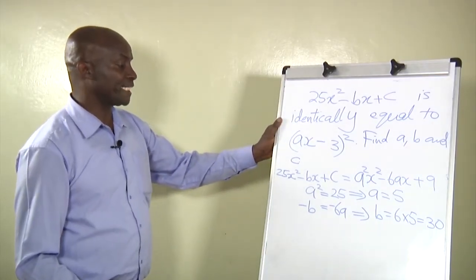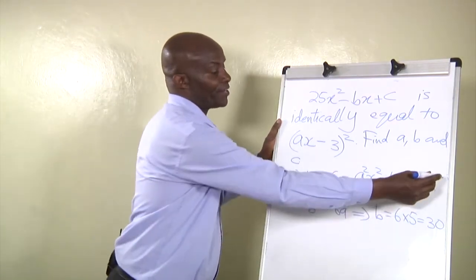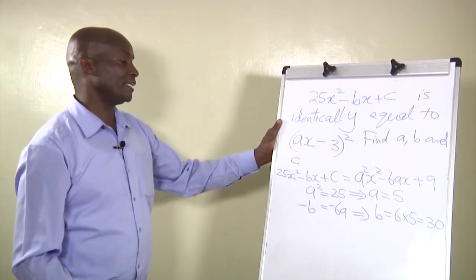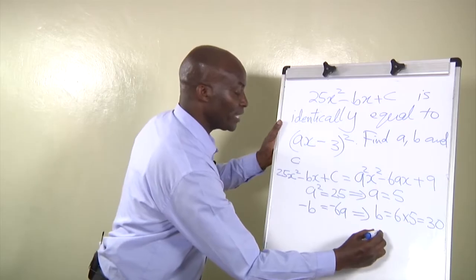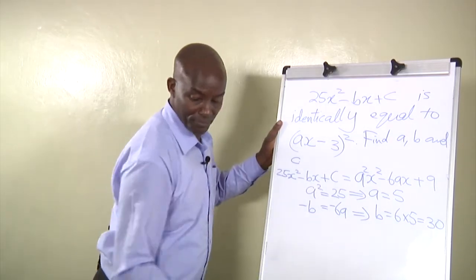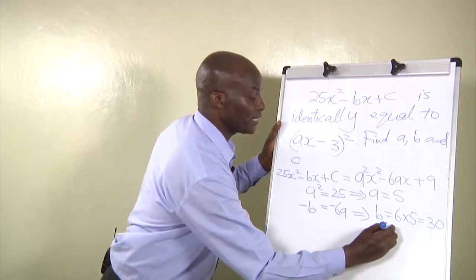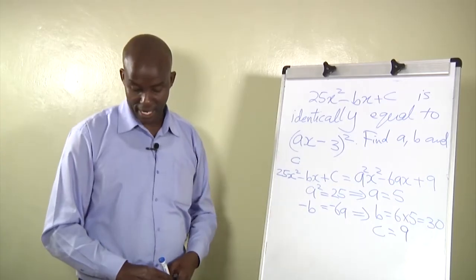Now we are left with c. And c is the constant term on the left side. On the right side, we have 9 as the constant term. And therefore, c compares with 9. So c is equal to 9.